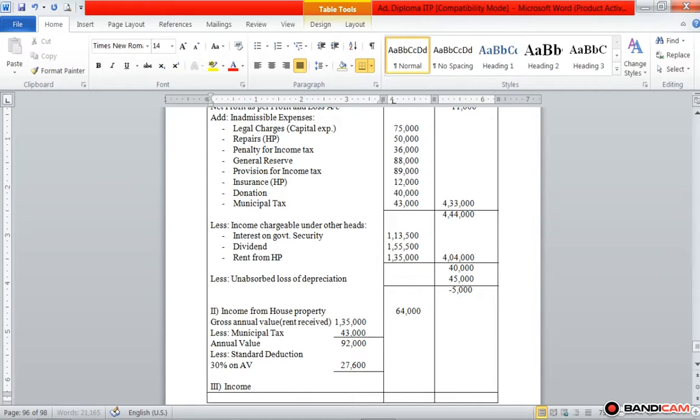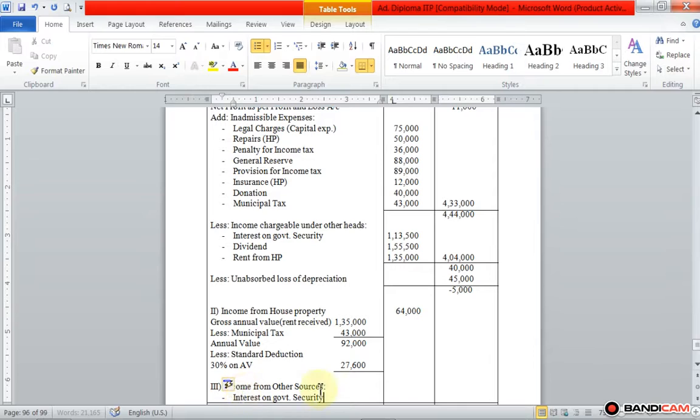Income from other sources. Okay, so income from other sources is given here, that is interest on government security.